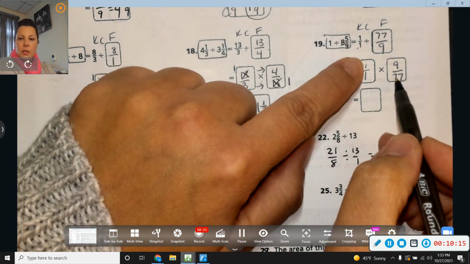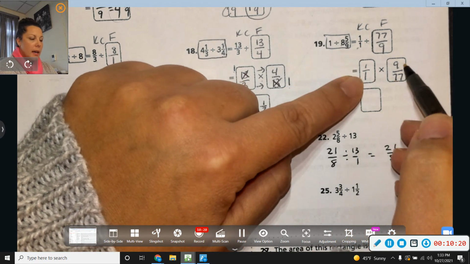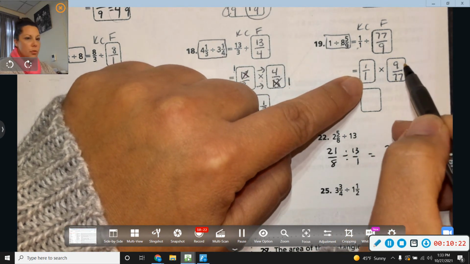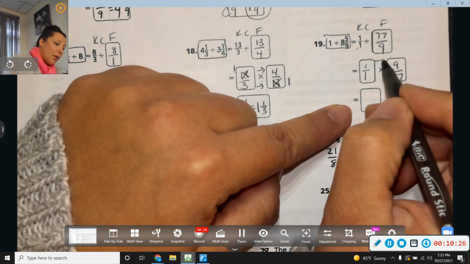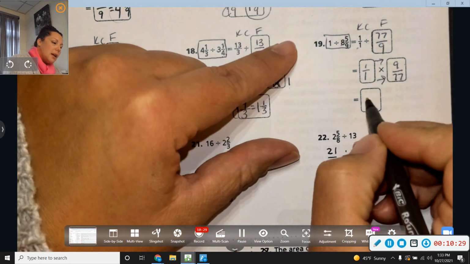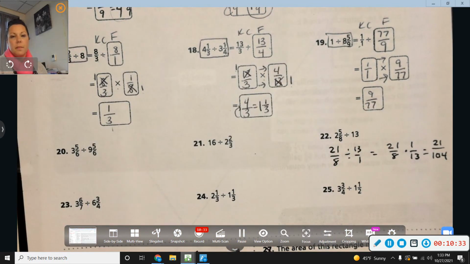Can I reduce 1 and 77? Nope, because 1 is as low as it goes. Can I reduce 1 and 9? Nope, 1 is as low as it goes. So I'm done reducing. Now I just multiply. 1 times 9 is 9. 1 times 77? 77. There's your answer.